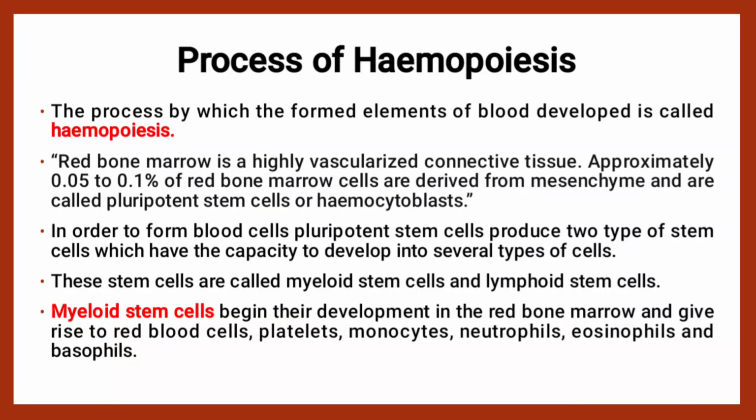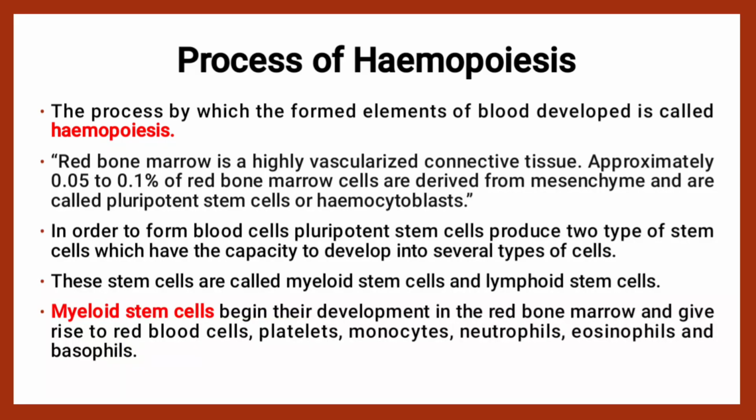Approximately 0.05 to 0.1 percent of red bone marrow cells are derived from mesenchyme and are called pluripotent stem cells or hemocytoblasts. In order to form blood cells, pluripotent stem cells produce two types of stem cells which have the capacity to develop into several types of cells. These are called myeloid stem cells and lymphoid stem cells.